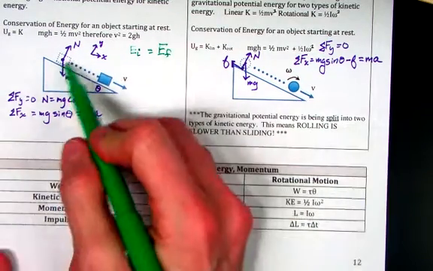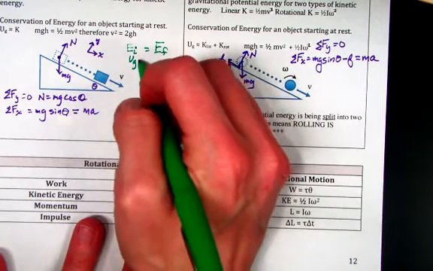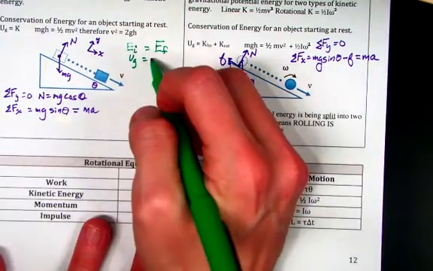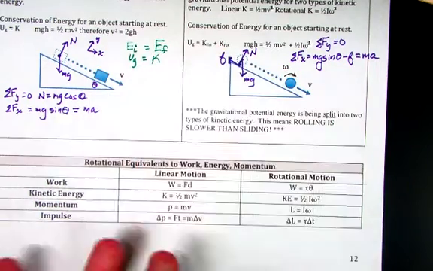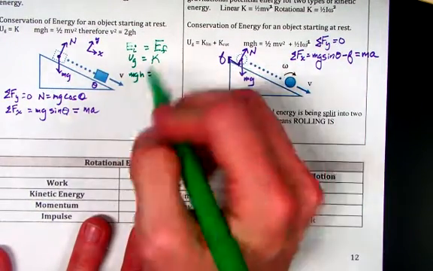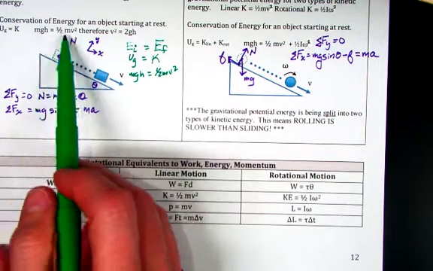So what is the energy that we have at the top? We have gravitational potential energy, and at the bottom of the ramp we are going to have kinetic energy. So mgh equals 1/2 mv squared.